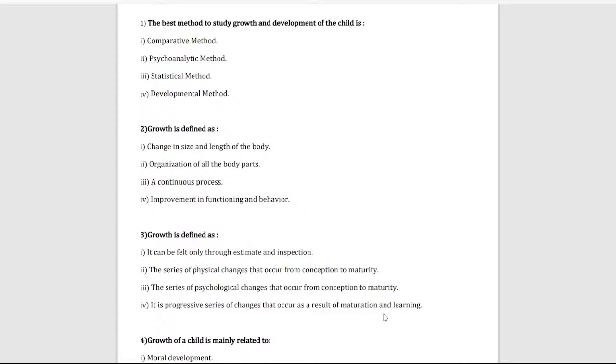So, how will you define growth? The correct answer is, I will tick it out. Growth is defined as change in size and length of the body.